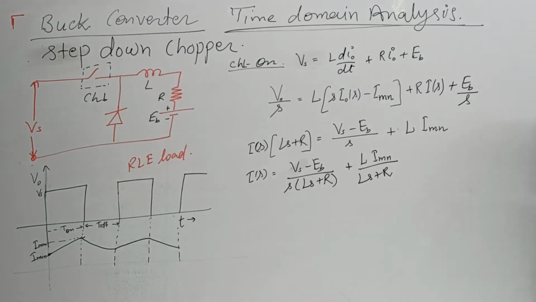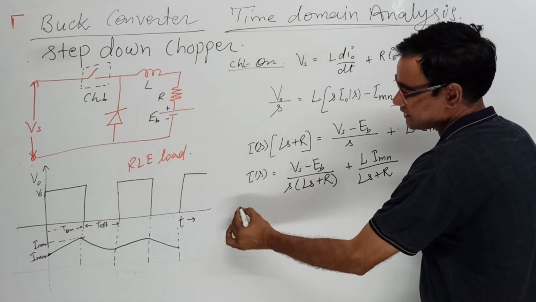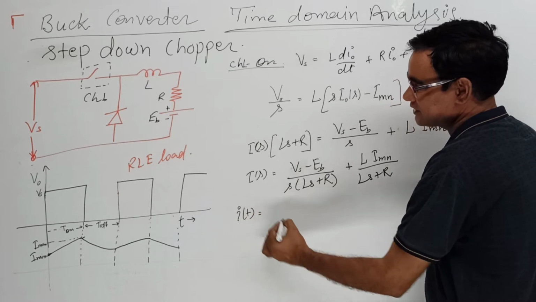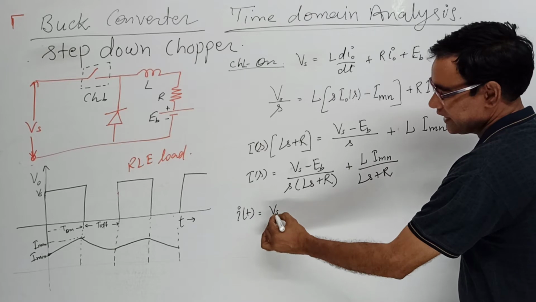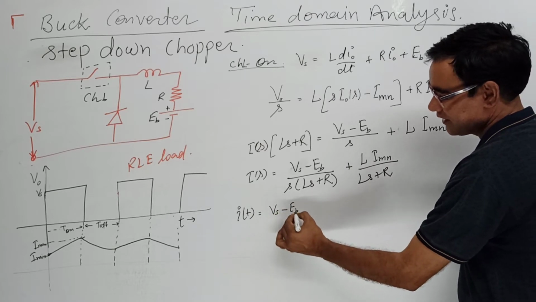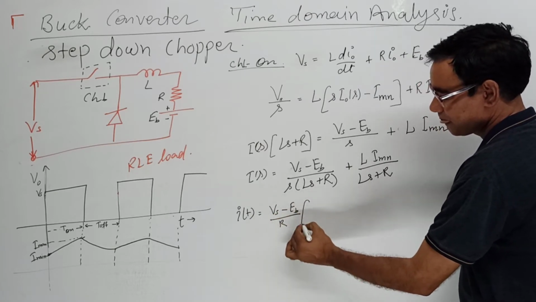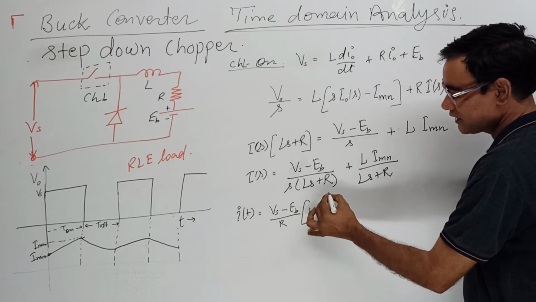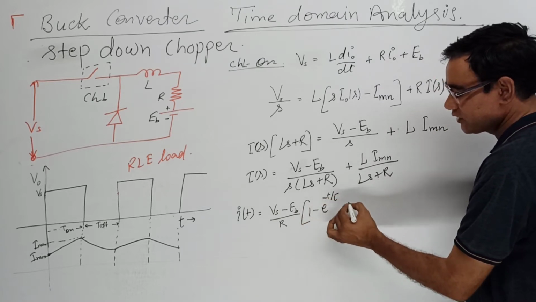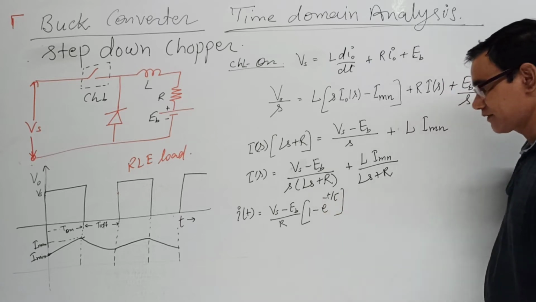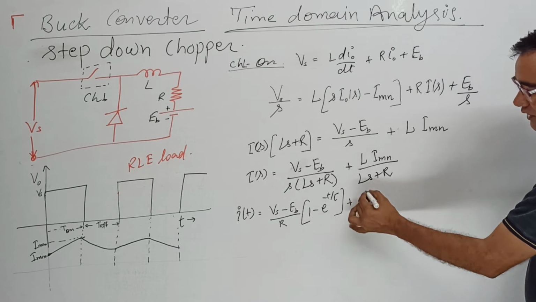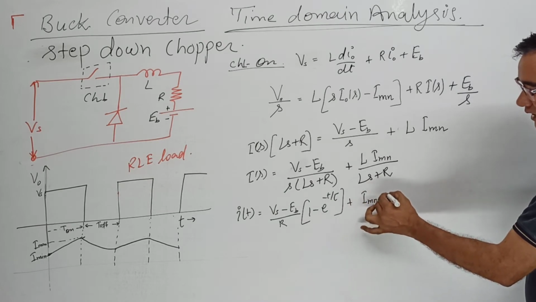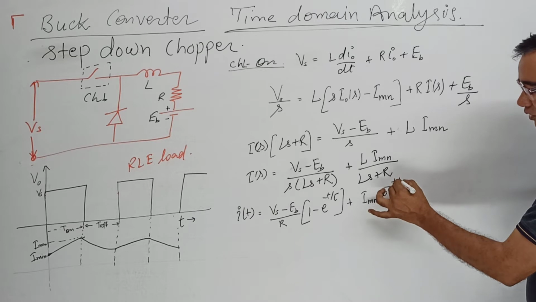If we take the inverse Laplace transform of this equation, then the current at any time t is equal to (Vs minus Eb) divided by R times (1 minus e raised to power minus t by tau), and here tau is the time constant of the circuit, that is L upon R, plus I minimum e raised to power minus t by tau.